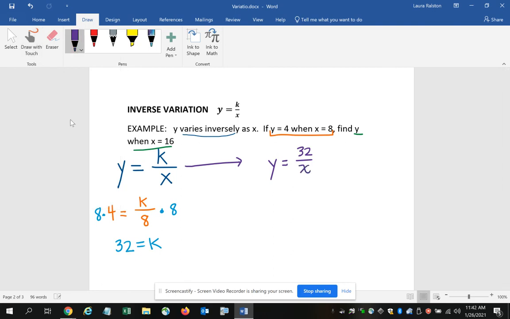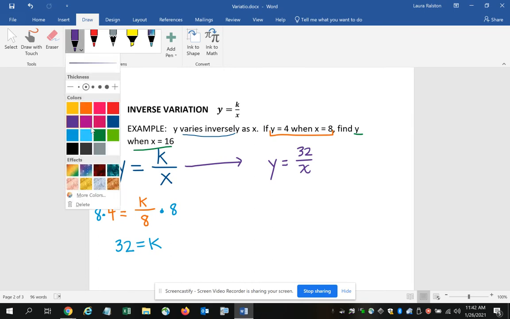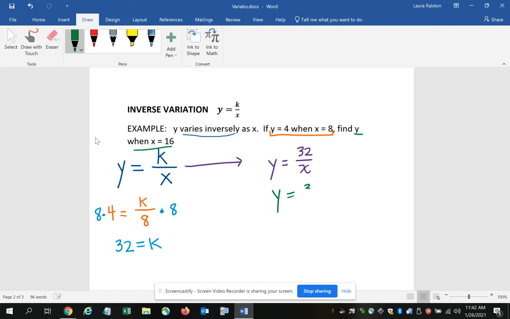So we would have y equals 32 divided by 16. So y is 2. There's your answer.